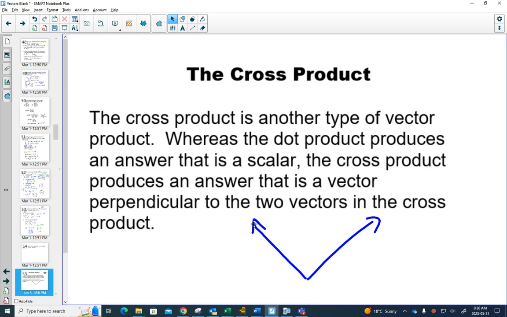So a plane in a 3-dimensional space is just a 2-dimensional flat piece of paper that extends forever. So no matter where your 2 vectors are, there will always be some place that you could put that flat piece of paper, and you could always draw something straight out from there that would be perpendicular. And you could do that in 2 directions. It could either come straight out this way, or it could go inwards.